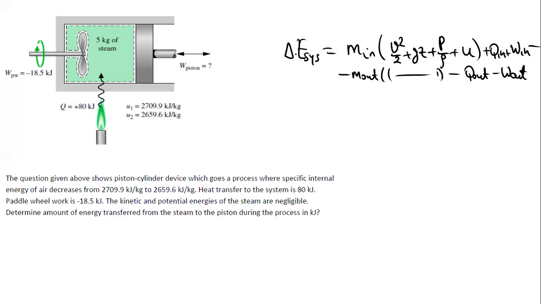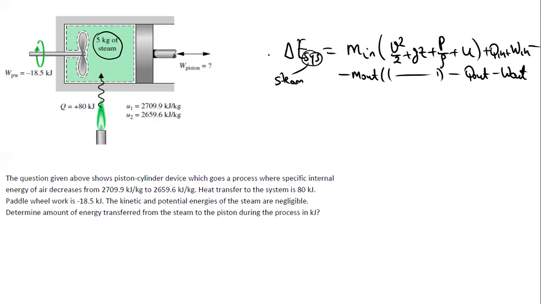Okay. First let's identify our system. What do we mean by system? Here you can see the dashed lines. It only consists of the steam. Therefore, our system is steam. To our system of steam, there is the paddle wheel, there is heat, and during those transfers we also have the motion of the piston here.